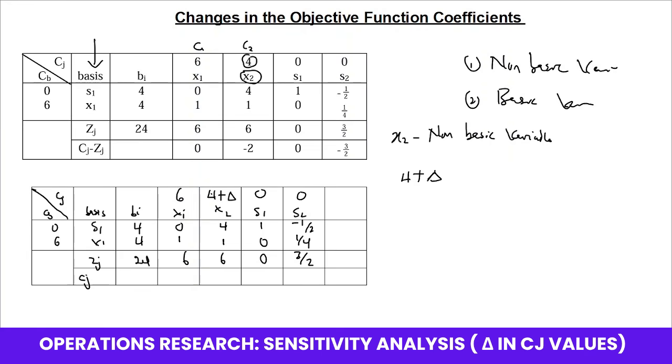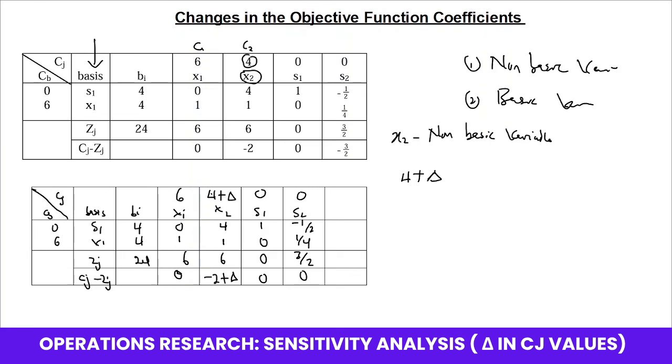Since there is a change in the CJ, there will be a change in the difference as well. So here 6 minus 6 is 0. And 4 plus delta minus 6 gives us minus 2 plus delta. Here will give us 0, and here will give us 0.